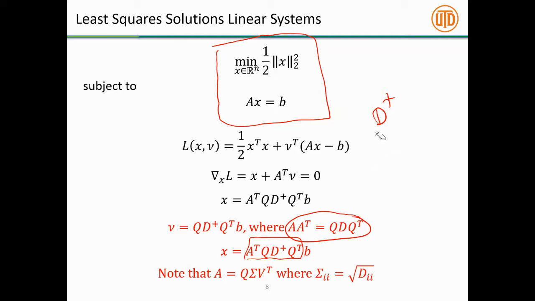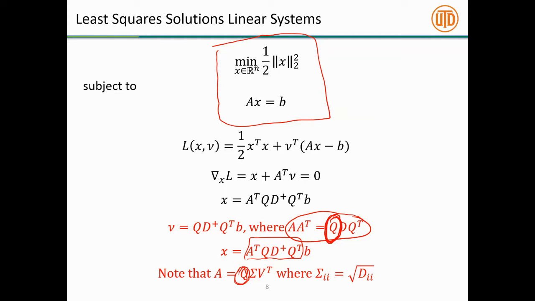Because in the singular value decomposition, we know that there is some orthogonal matrix Q that corresponds to the eigenvectors of AA transpose that gives rise to the first matrix in the singular value decomposition.